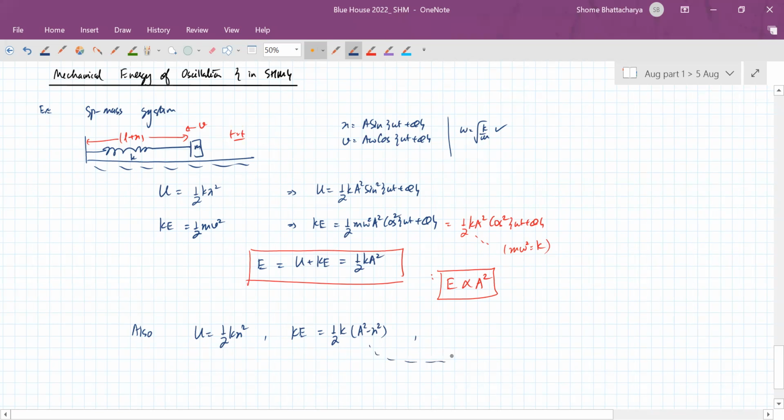We can do this basically by taking cos square omega t plus phi as 1 minus sine square omega t plus phi. So this is one way of understanding it.